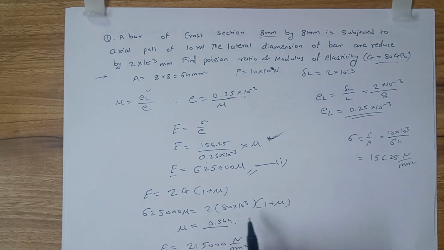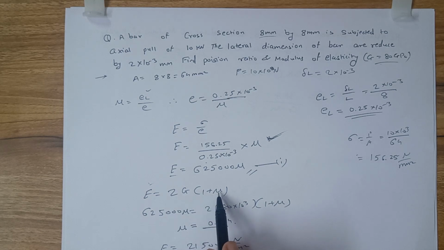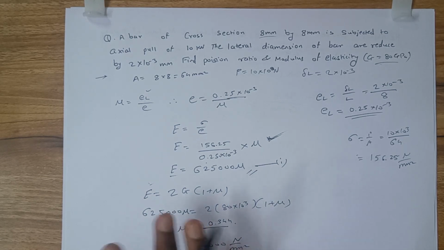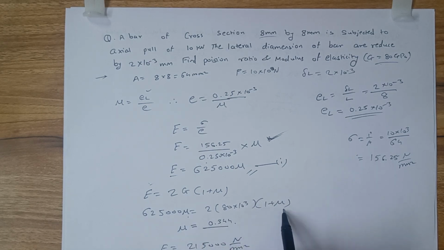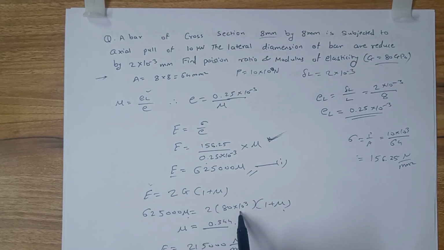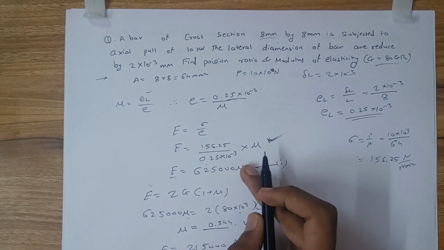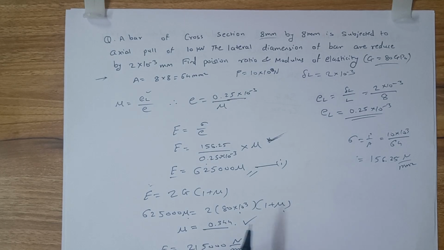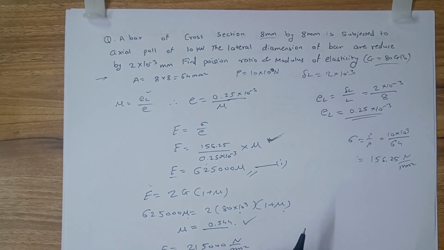So here only one unknown remains, because E is converted into mu. We can solve this easily in the calculator. When we put the modulus of rigidity and these terms, we get the value of mu which is 0.344. By multiplying this in this, we get the value of Young's modulus, which is 215,000 Newton per mm square.